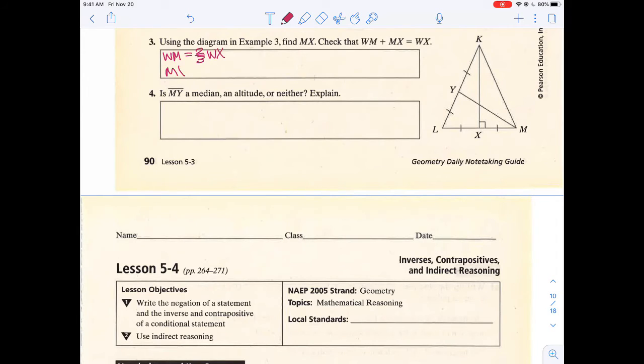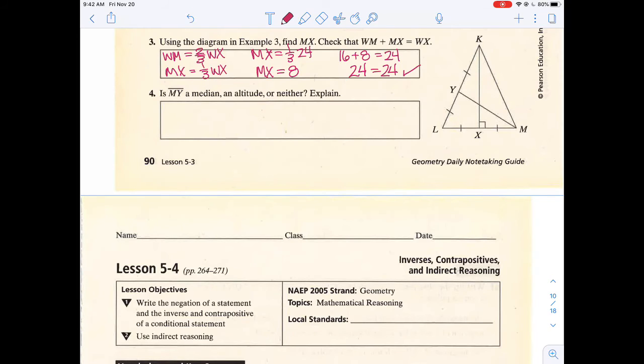So that means that MX has to be 1/3 of WX. Well, we found that WX was 24, so 1/3 of 24 would make MX 8. And we can check it. We said WM was 16 plus 8, and 16 plus 8 needs to equal 24 if this works. 16 plus 8 is 24. 24 equals 24, so we're good.